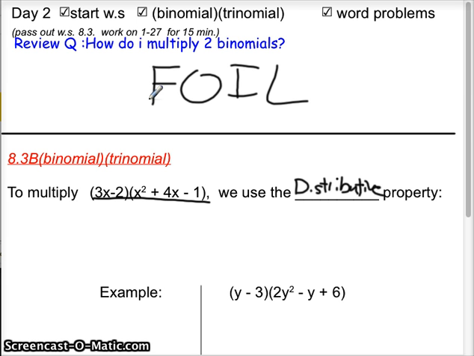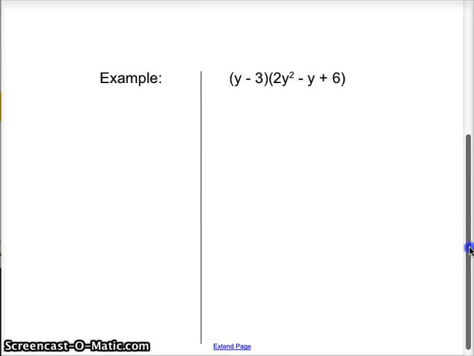So what we're going to do is I'm going to take that first term, I'm going to take that y, and I'm going to multiply it to everything inside that second parenthesis. So what do I mean by that? Well, I'm going to take y times 2y squared. So 1 times 2 gives me 2. And for the y's, I have a y to the 1 and a y squared there. 1 plus 2 gives me 3.